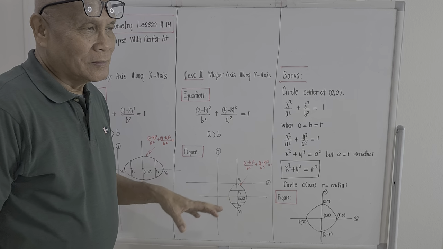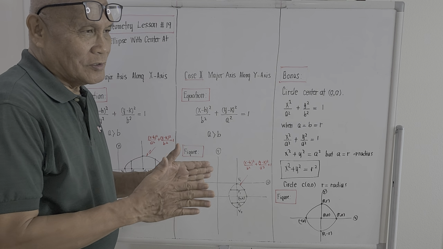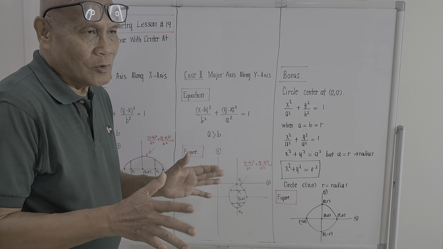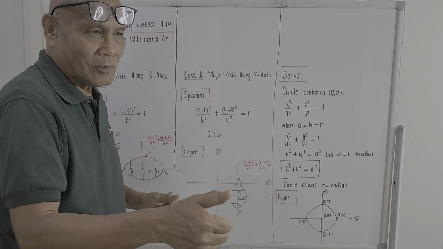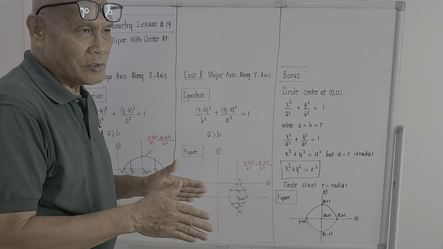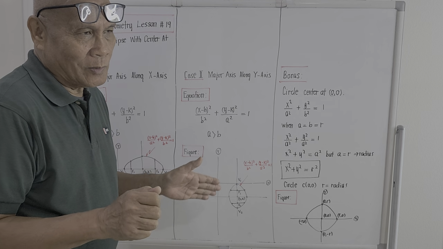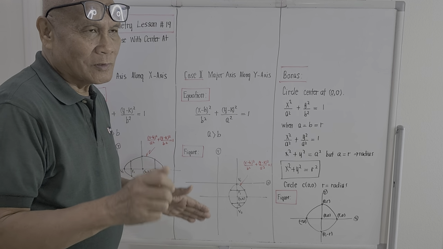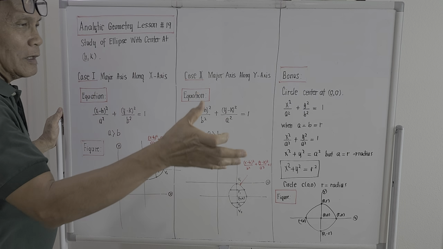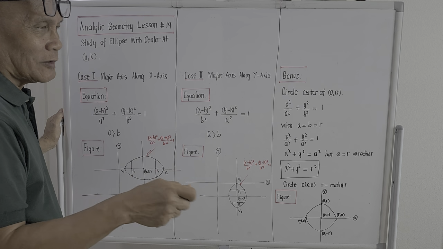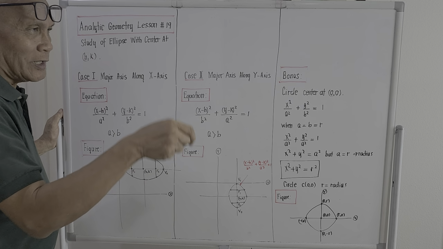So for tonight, this is the so-called worst case scenario for an ellipse. The first topic was the center at (0, 0), and the worst case scenario for an ellipse will be the study of ellipse where the location of the center is actually at (h, k). They look similar except that the location of the center is at (h, k).